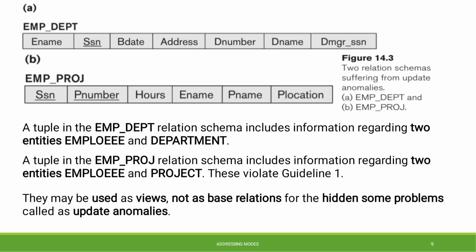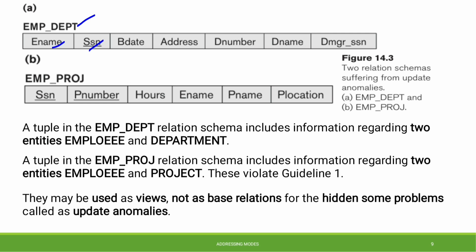For that, let us consider two example relation schemas. The first one is EMP_DEPT, the second one is EMP_PROJ. If we consider the first relation schema, EMP_DEPT, it is a mix of attributes of two entity types: one is the employee entity type and the other is the department entity type.